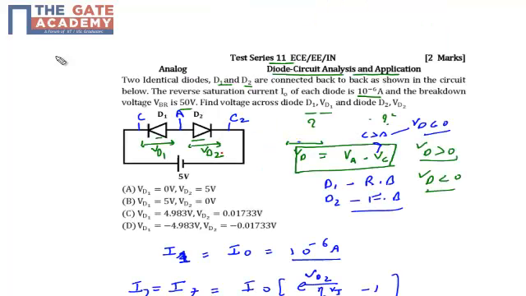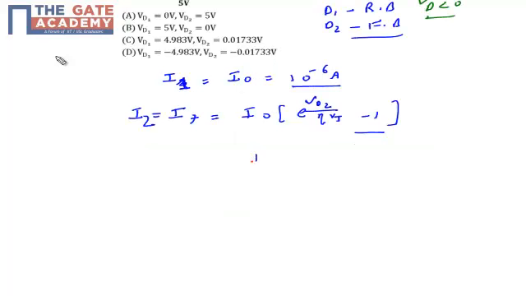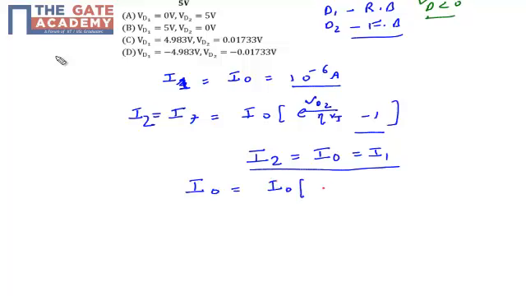But here D1 and D2 are connected in series, and we know that the current always remains the same in a series circuit. It means that I2 must be equal to I0, or I1. The current across diode 1 must be equal to the current across diode 2. So I0 is equal to I0 times e raised to power VD2 by eta Vt minus 1.